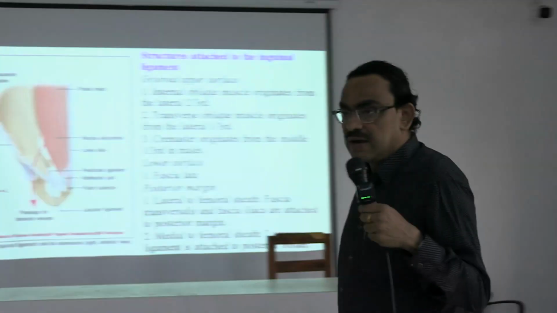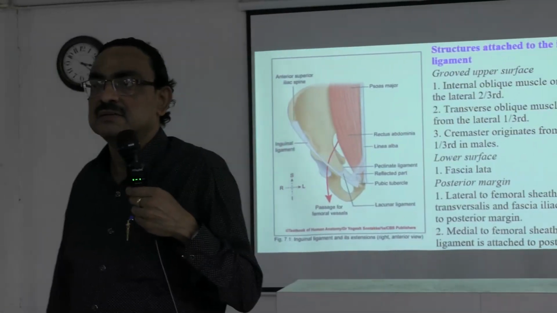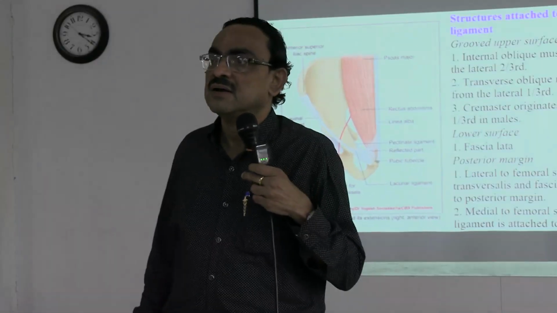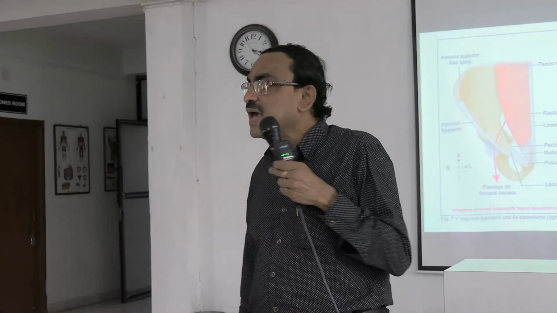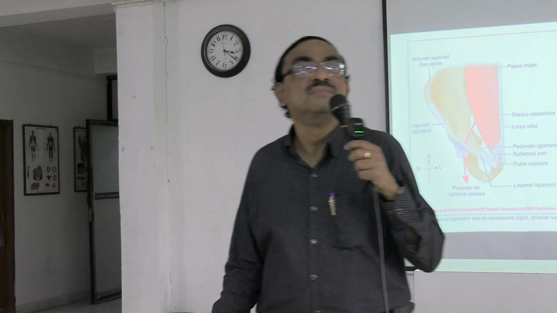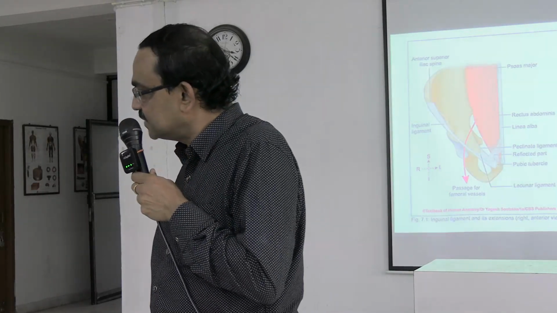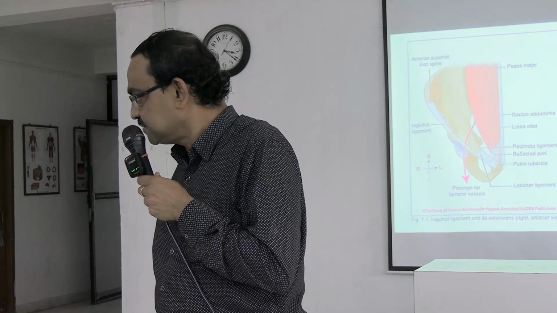So, whether it is inguinal ligament, lacunar ligament, or pectineal part of the ligament of Cooper, they are nothing but the derivatives of the external oblique muscle aponeurosis.